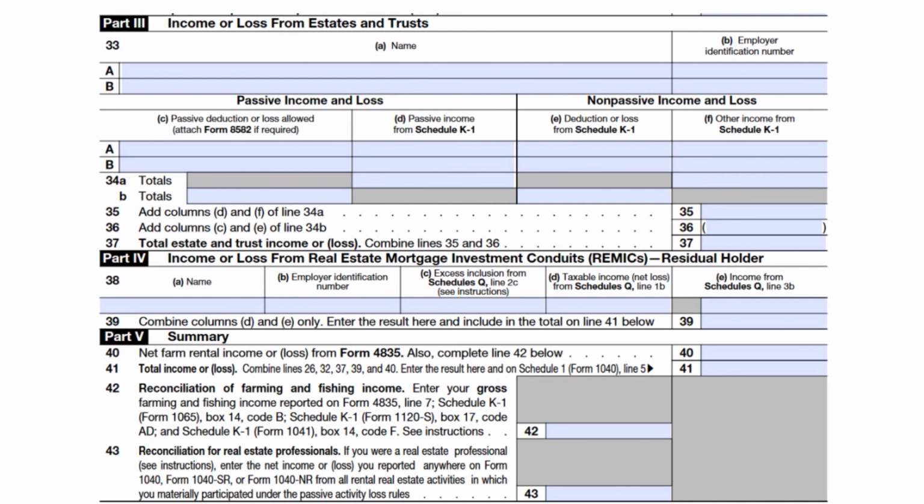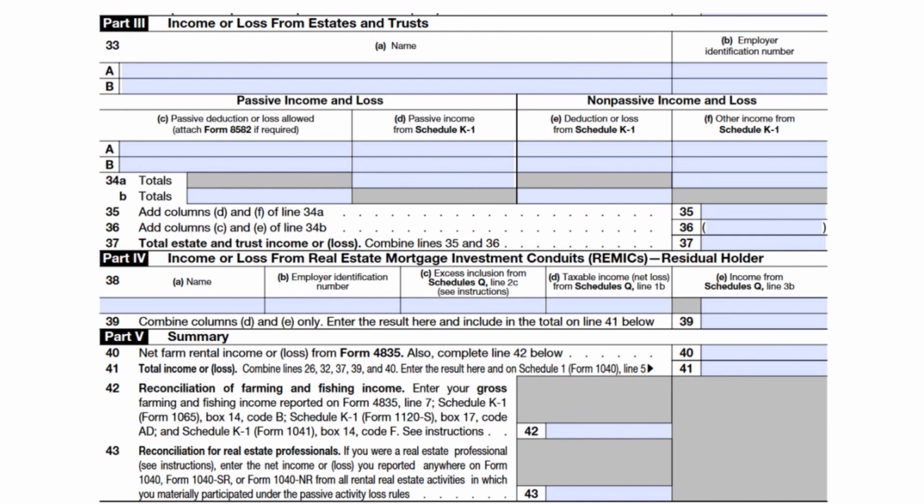So what you do here is on line 40, you have the net farm rental income or loss from Form 4835. Line 41, you put the total income or loss. This is where you add all the lines. If you go back and look, line 26 was the total rental real estate and royalty income or loss.